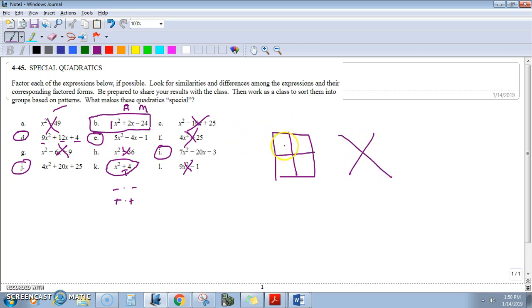And let's do D. So I'm going to put 9x squared here. I'm going to put 4 here. I need to split up positive 12. So I'm looking for two numbers, 9 times 4. Remember, my diagonals, whatever these multiplied together to be, these numbers also have to multiply together to be. So I'm looking for two numbers that multiply together to be positive 36 and add up to be positive 12.